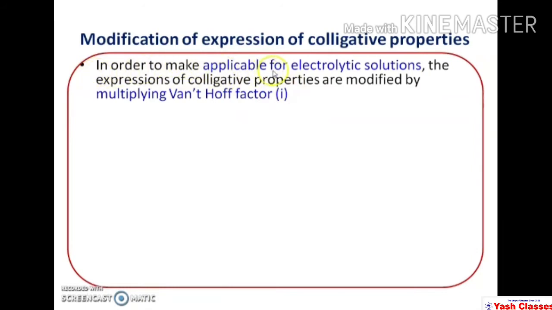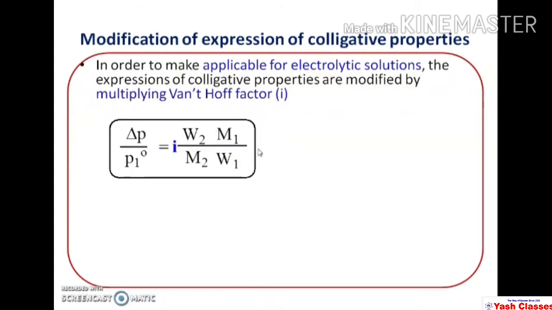So in order to make them applicable for electrolytic solutions, the expressions of colligative properties are modified by multiplying Van 't Hoff factor i. For example, relative lowering of vapor pressure is equal to i into W2 M1 by M2 W1. So here the right side term is multiplied by Van 't Hoff factor i.